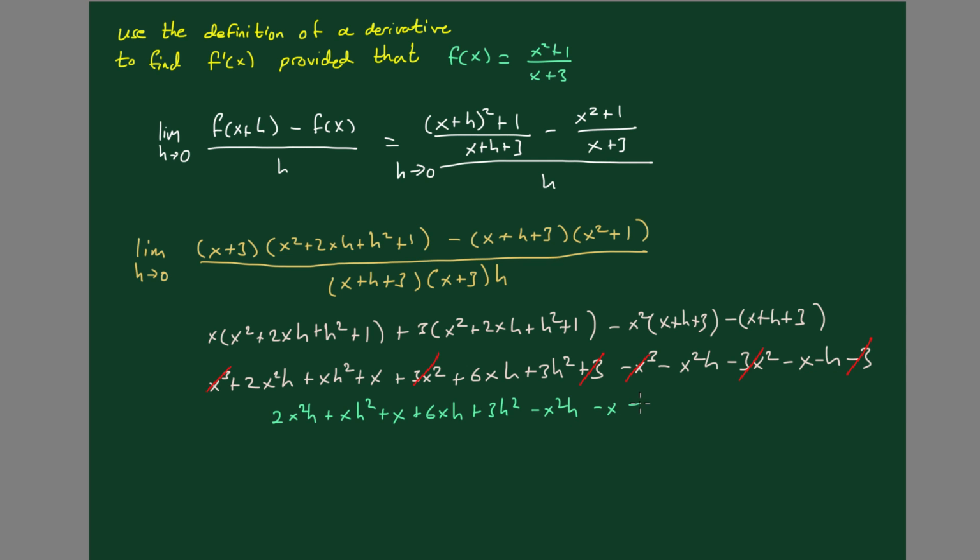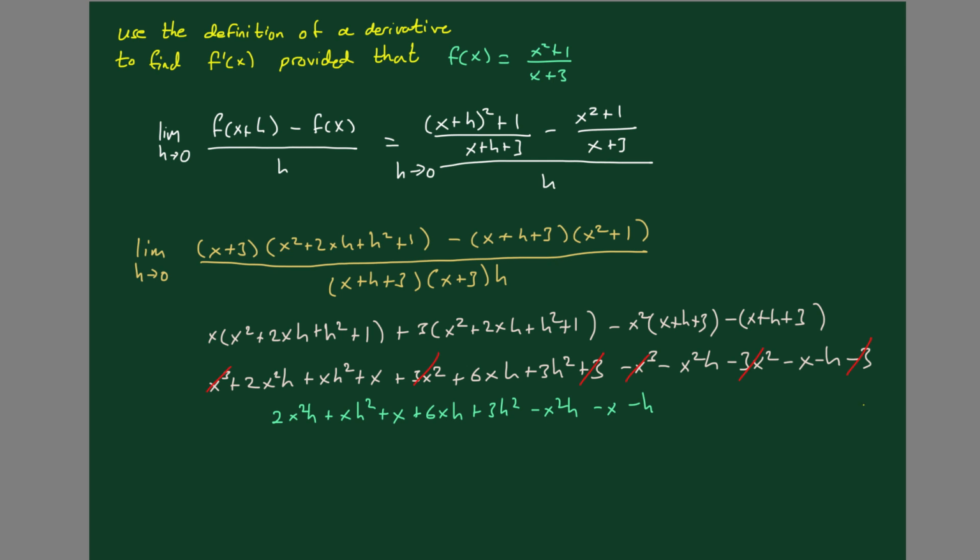And let's see, can we combine any more terms? Yes, we have a 2x squared h over here, and we have a minus x squared h over here.